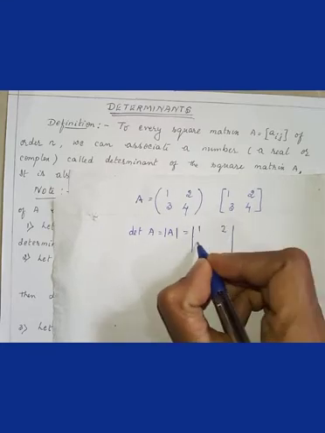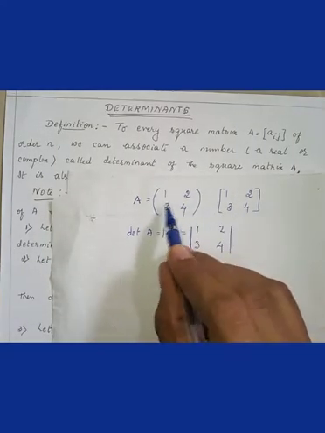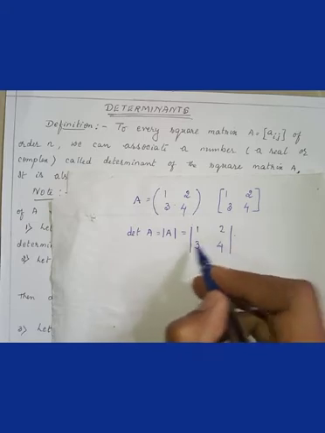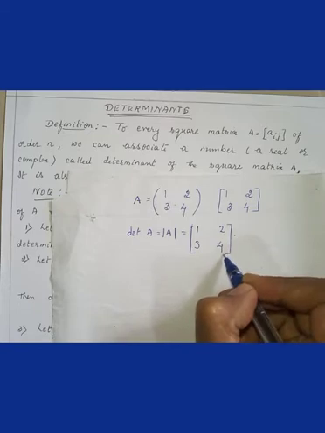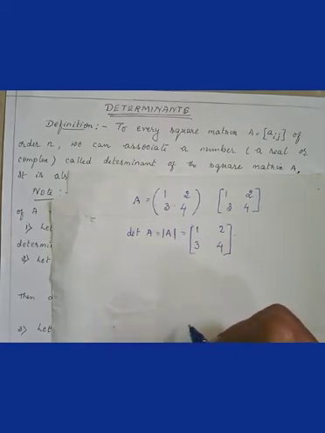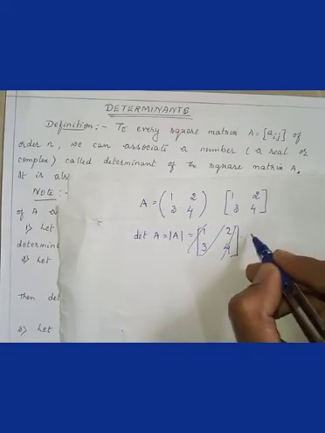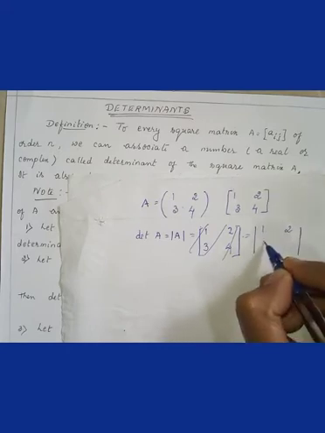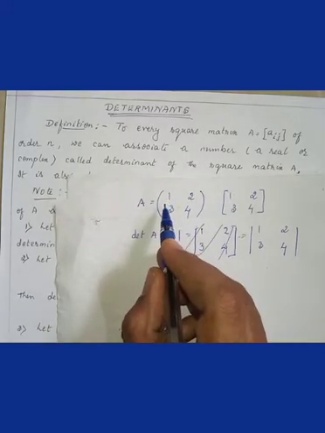Don't write any square bracket or open bracket, simply write two lines. If you write brackets instead of two lines, it becomes a matrix, not a determinant. So determinant means you write 1, 2, 3, 4 between two lines.